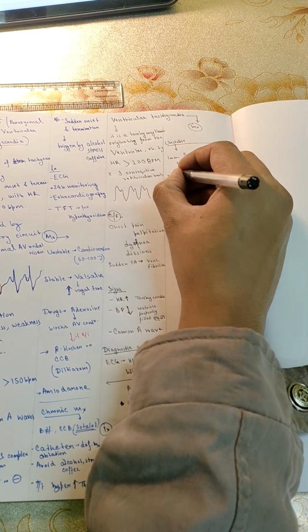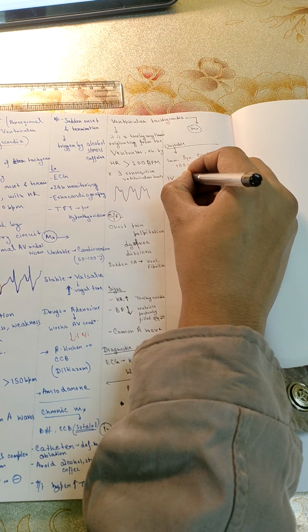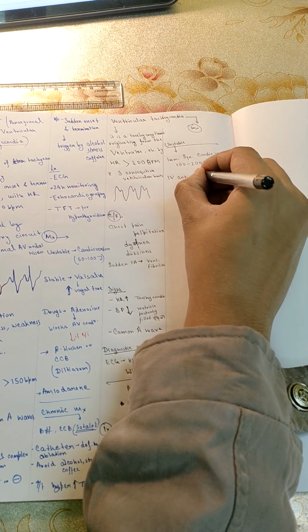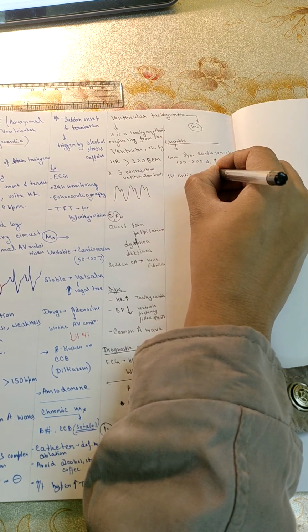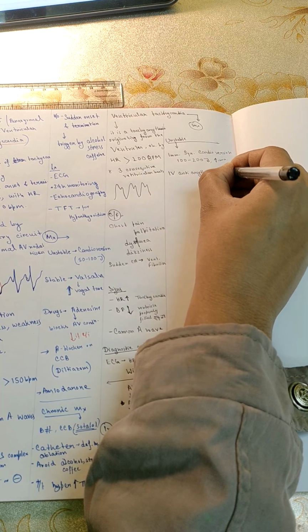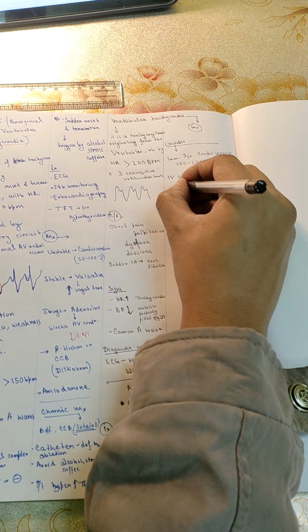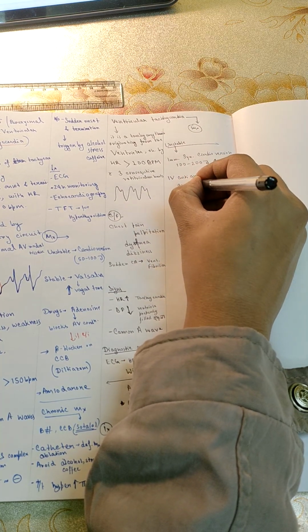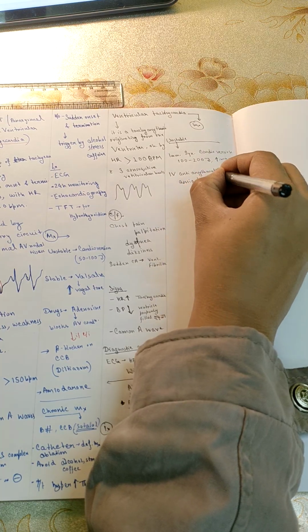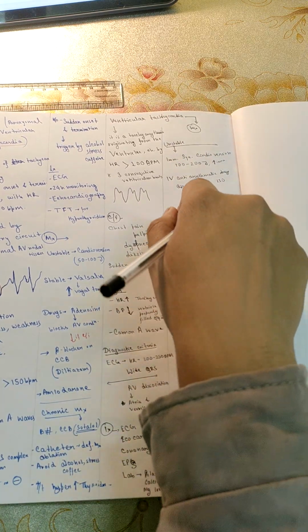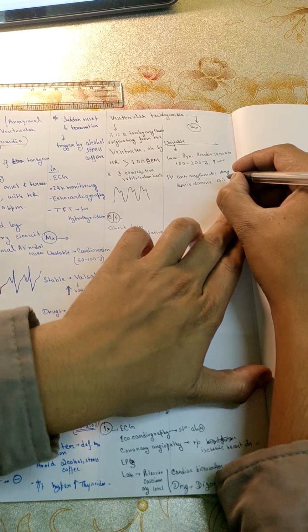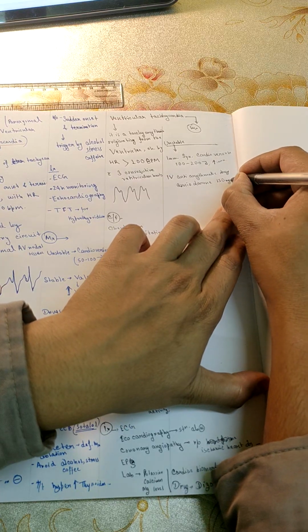Then IV anti-arrhythmic drugs like IV amiodarone 150 mg over 10 minutes.